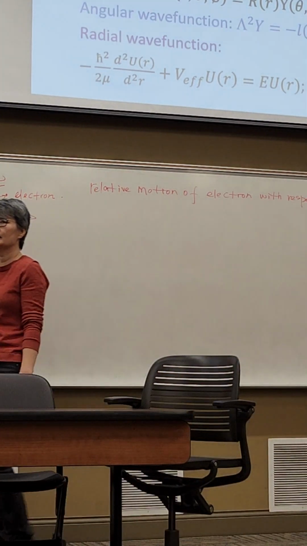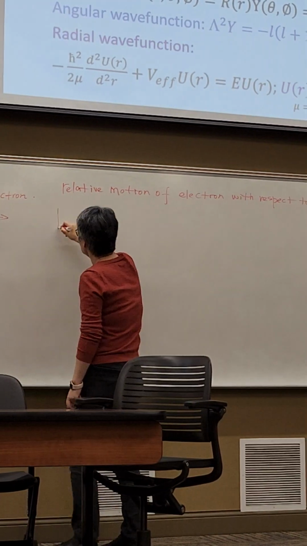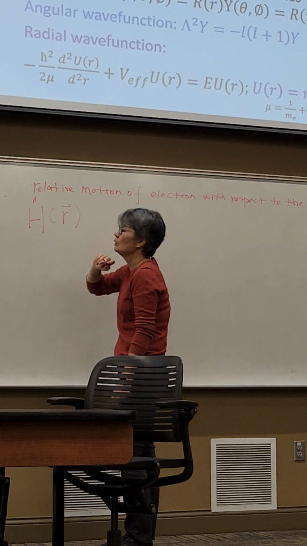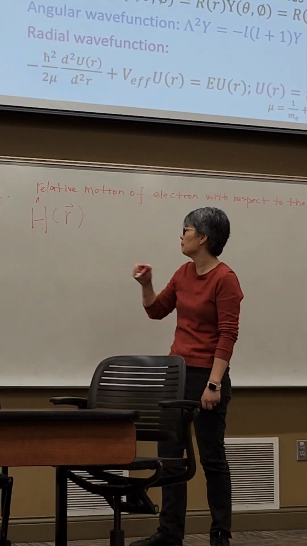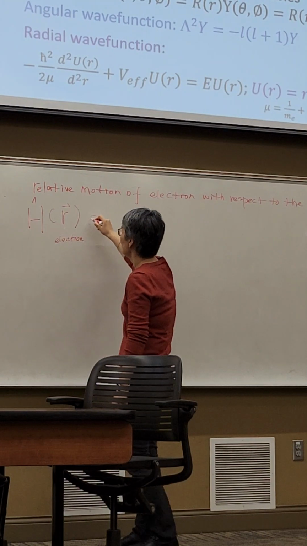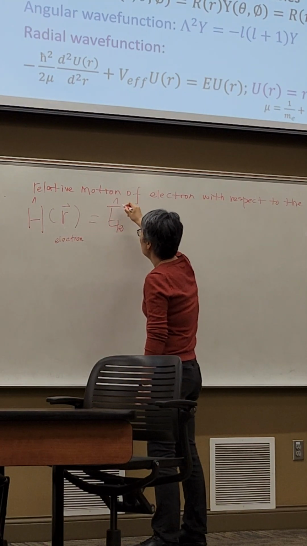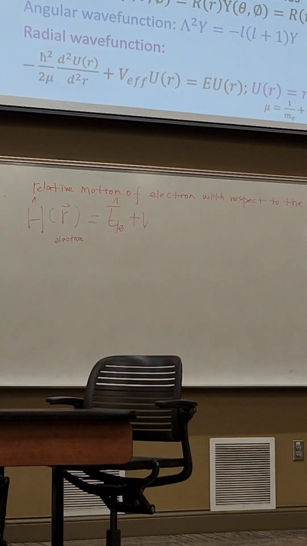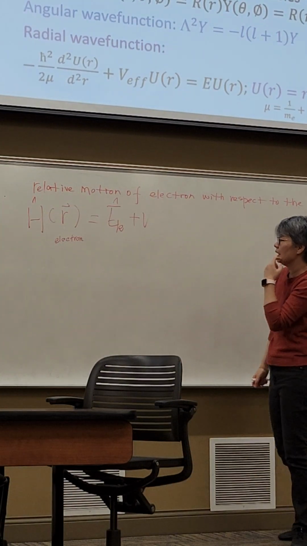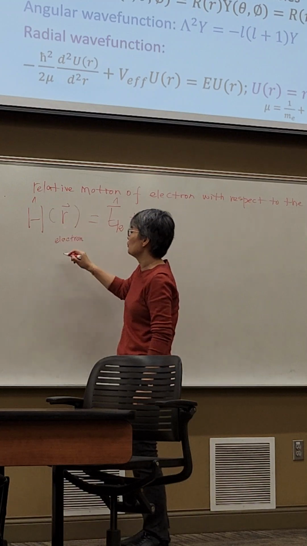If that is our consideration, then our Hamiltonian operator only has one position coordinate that refers to the electron, right? And then you need the kinetic energy component and the potential energy component. When you have a position coordinate, you can do it in Cartesian or in spherical. Basically, this position refers to the electron.